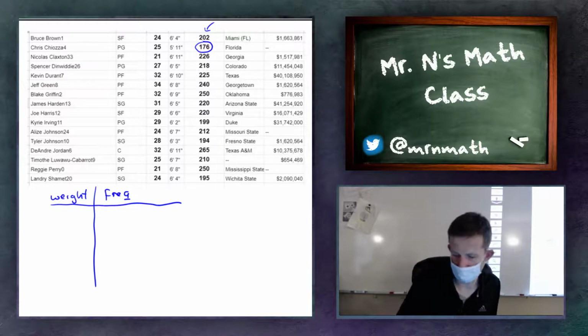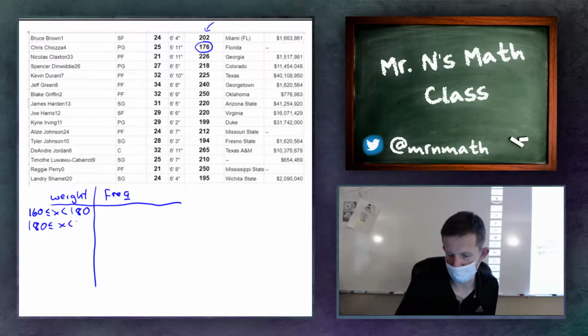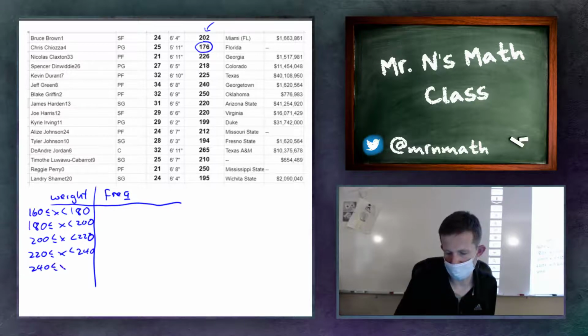So let's do it by 20 pounds. So we'll do 160 is less than or equal to x is less than 180. 180 is less than or equal to x is less than 200. 200 is less than or equal to x is less than 220. 220 is less than or equal to x is less than 240. 240 is less than or equal to x is less than 260. 260 is less than or equal to x is less than 280.